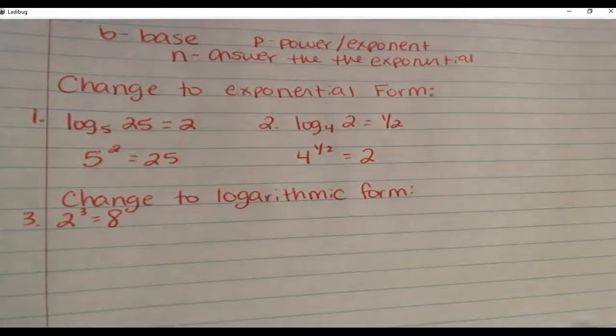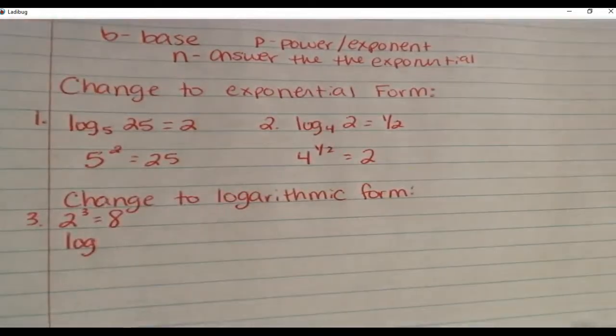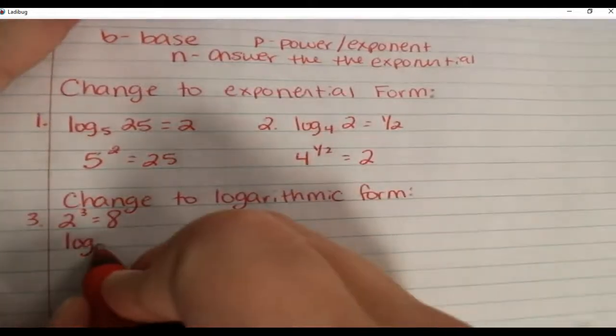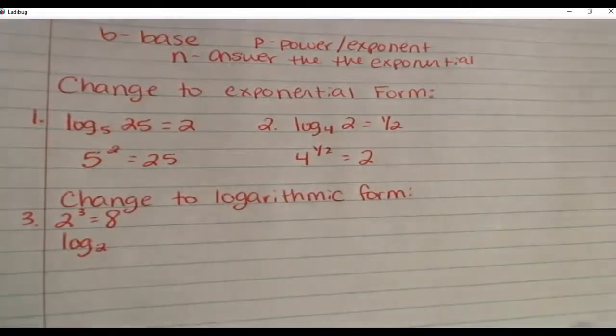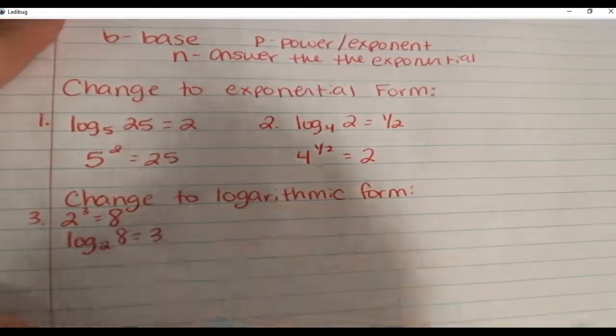So when you want to go to logarithmic form, the first thing you need is log. So log. And then it's a base 2. It's still a base 2. And now in this one, your 3 and your 8 switch. So log 2 of 8 equals 3.